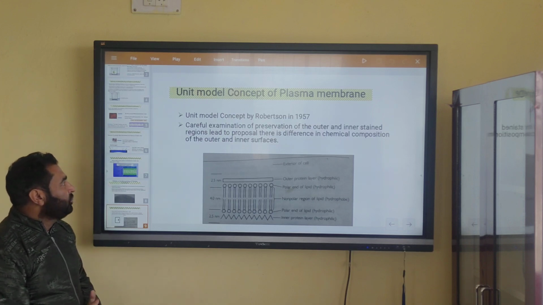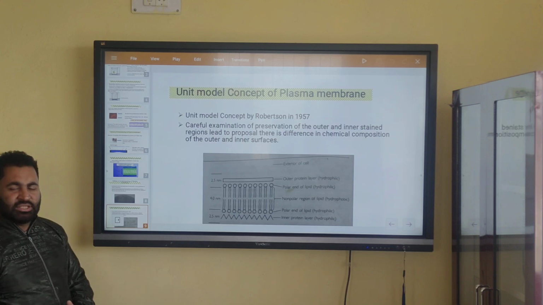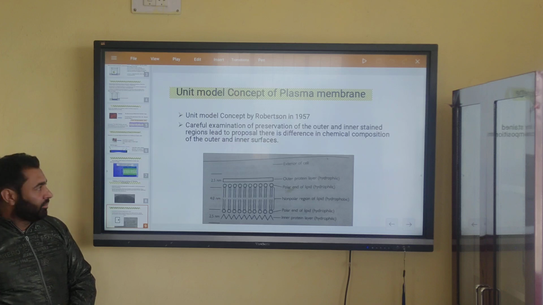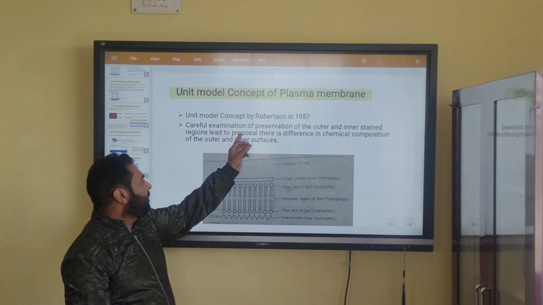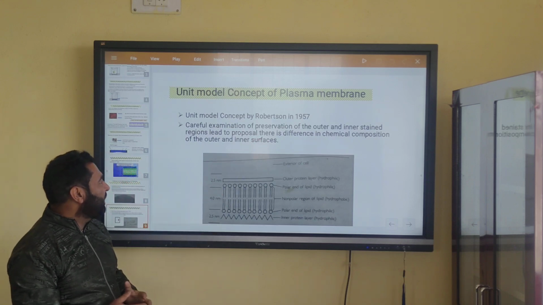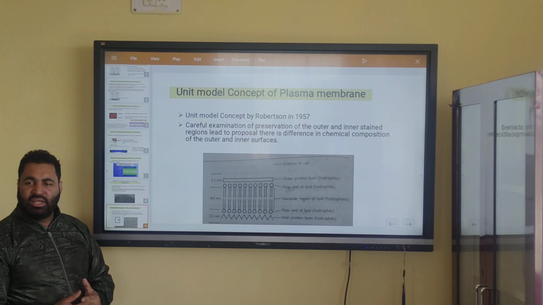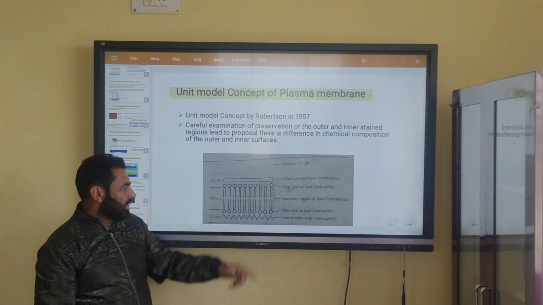Then came the unit membrane concept of the plasma membrane. This concept was proposed by Robertson in 1957. Robertson carefully examined the preservation of the outer and inner regions, and he proposed that there is a difference in chemical composition of the outer and inner surface.